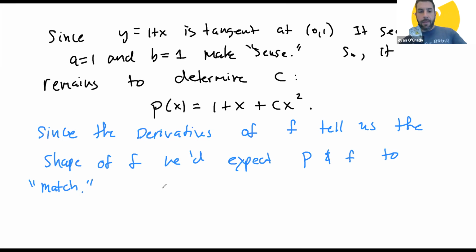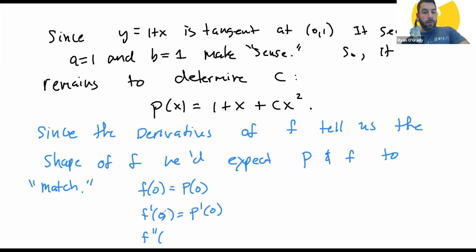What do I mean by that? I expect that f of 0 should equal p of 0. I expect that f prime of 0 should be the same thing as p prime of 0. And if I want a good approximation, I expect the second derivative of f at 0 to be the second derivative of p at 0.